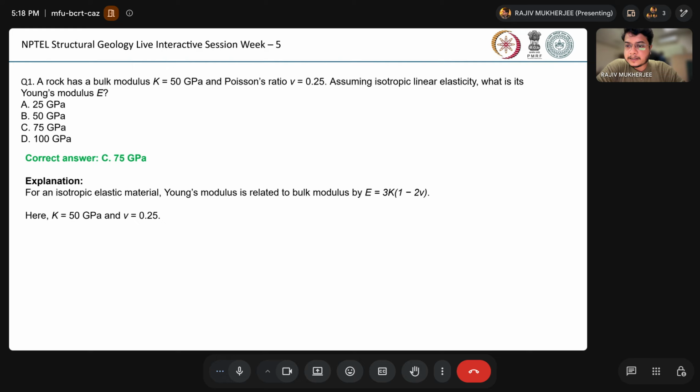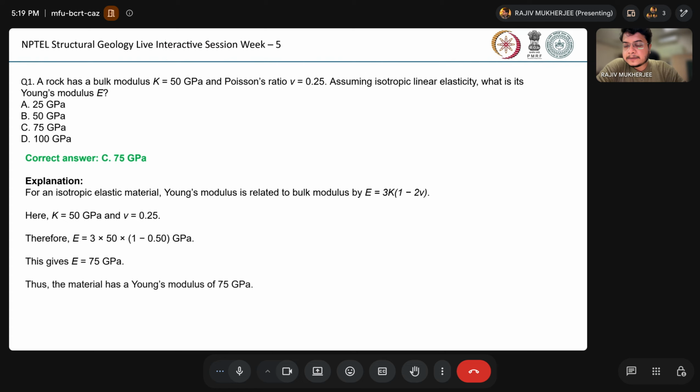If we just plug the values in, we get a numerical expression. So the Young's modulus will be 3 times 50 into 1 minus 0.50, because it's 2 times the Poisson's ratio, and that gives us Young's modulus equal to 75 gigapascals, right?